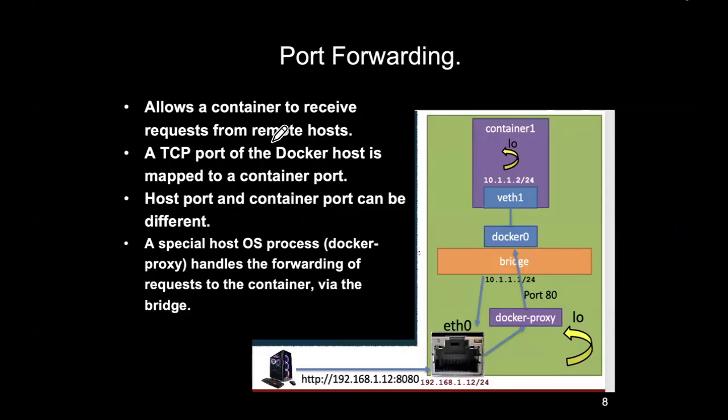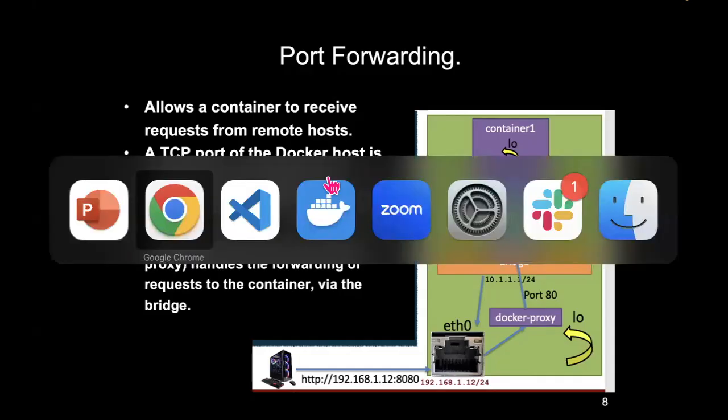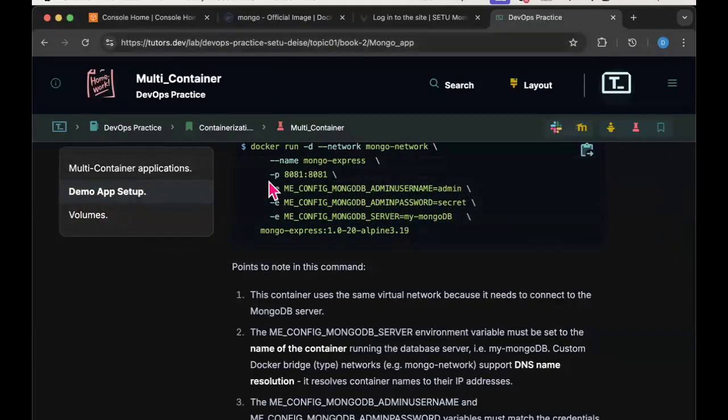What port forwarding or port publishing does is it takes a TCP port of the Docker host and maps it to a container's port. We did that yesterday, and that's also what's going on here.